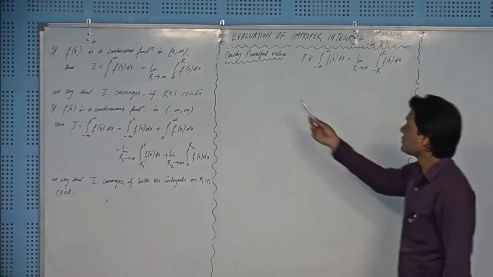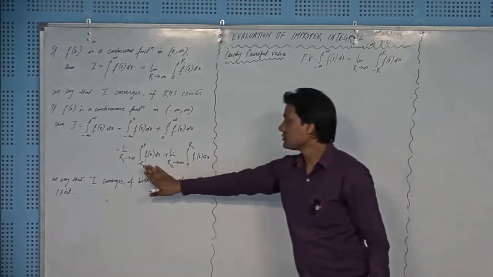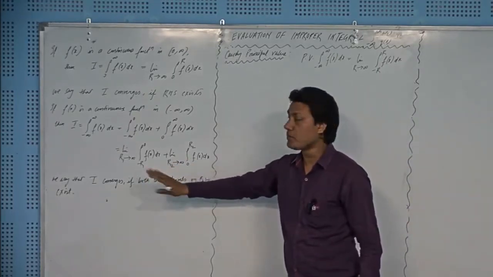So how is this Cauchy principal value related to this already known value of improper integral?